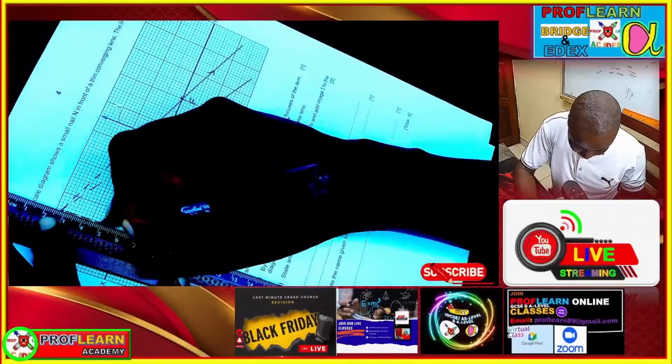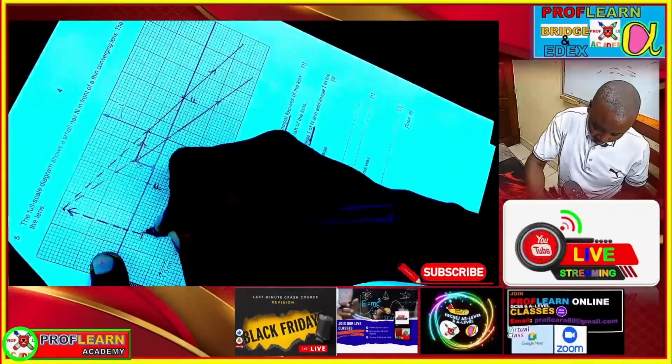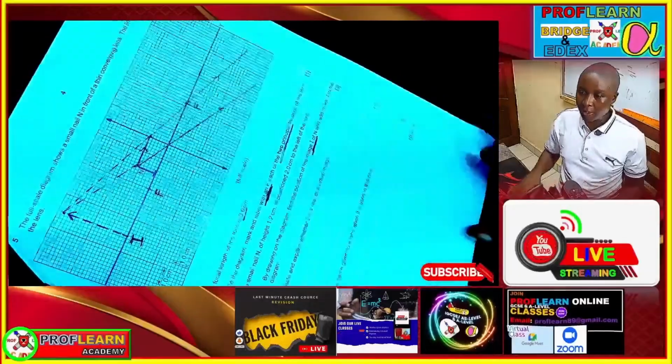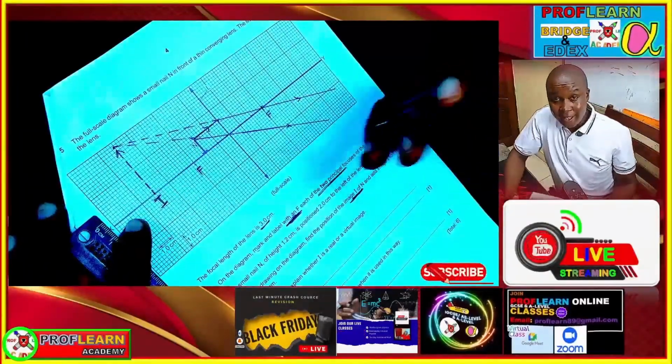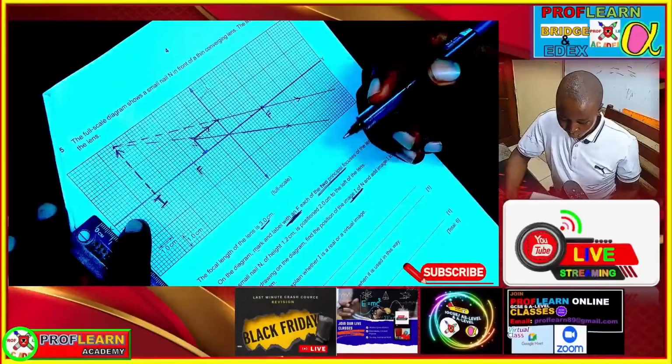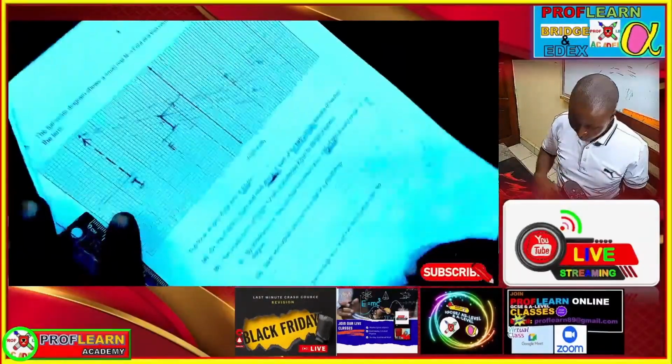Since the rays that have created this image are broken or are virtual, it means I'm going to have my image dotted because it's now a virtual image. State and explain whether the image is real or virtual.